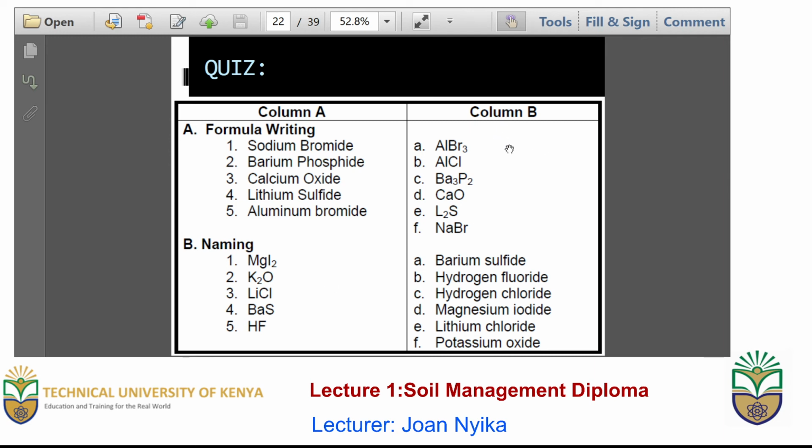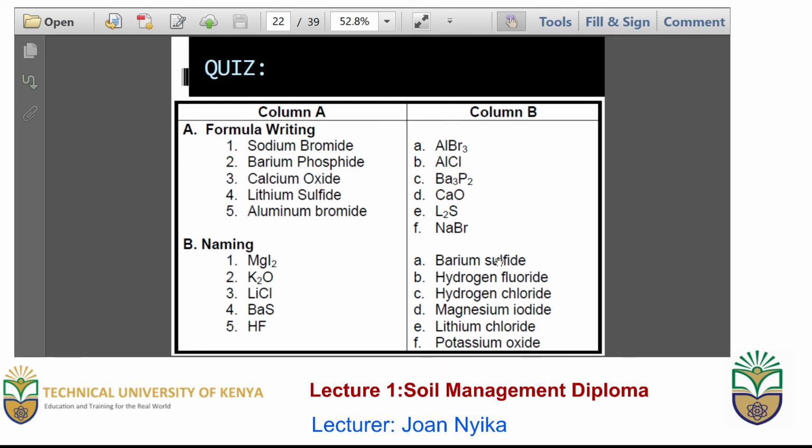When you look at column B, can you try to name some of these ionic compounds? When you look at A, it is made of aluminium and bromine. Aluminium doesn't change. However, in the case of bromine, we have to add IDE to form bromide. Hence, the compound is aluminium bromide. You can do this for the rest of the compounds.